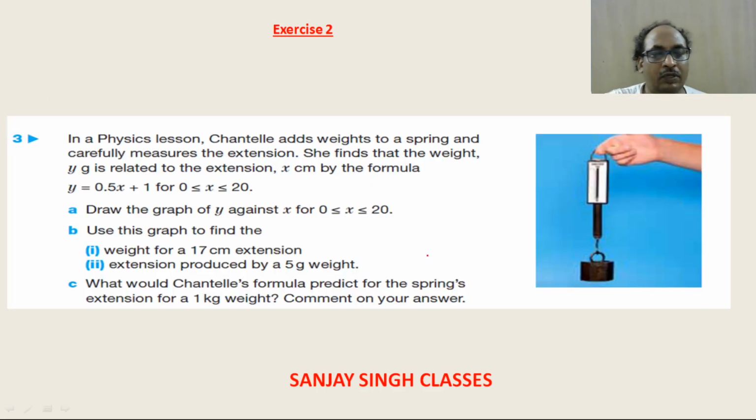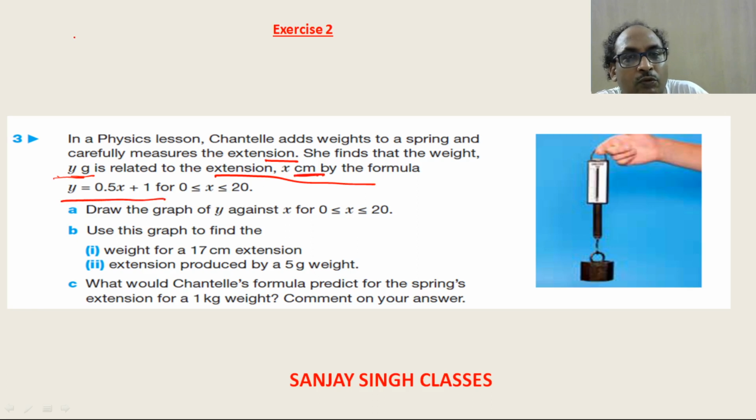Okay. Now in question number 3, in a physics lesson, Chantel adds weight to a spring and carefully measures the extension. She finds that the weight y, in gram, is related to the extension x, in centimeter, by the formula y is equal to 0.5x plus 1.